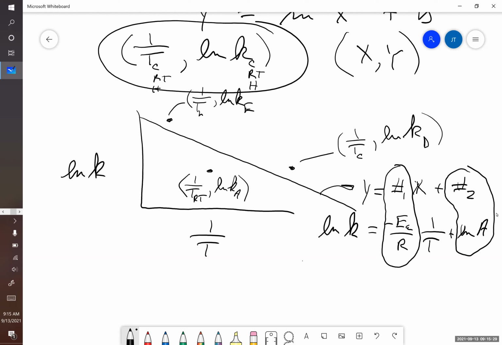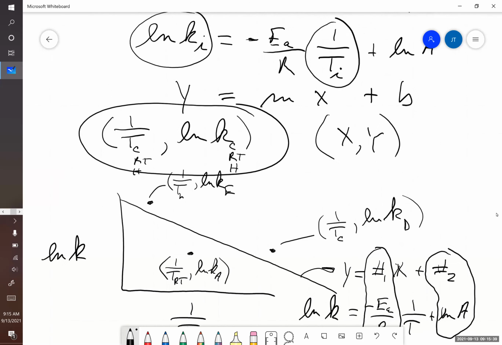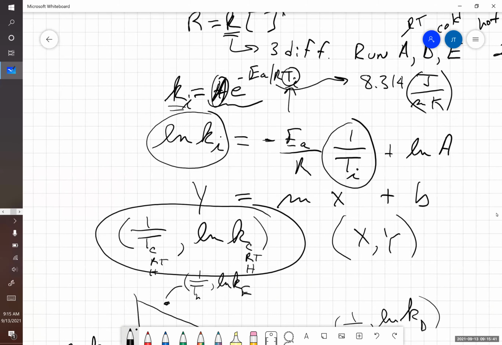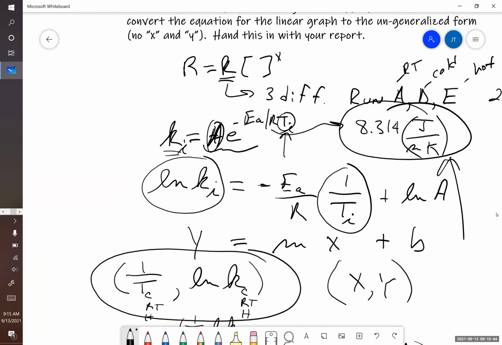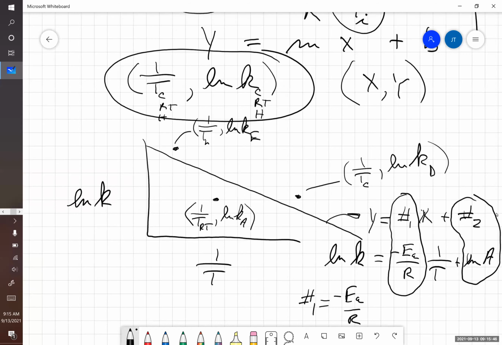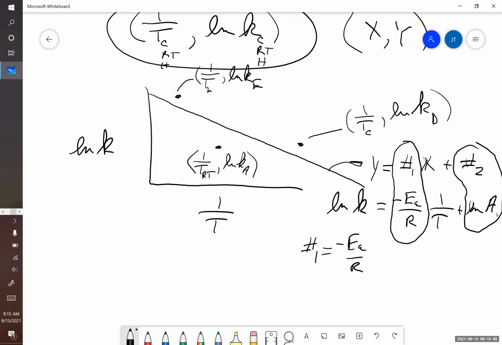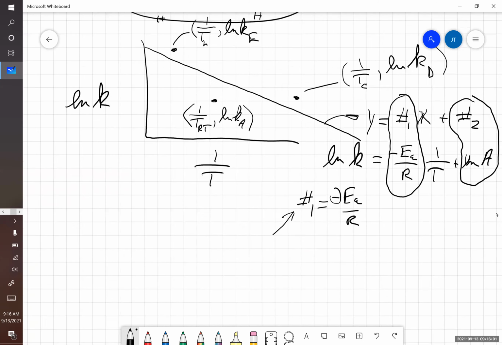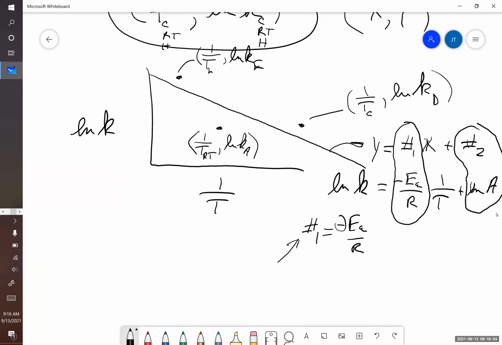But anyway, that number 1, which is negative, is going to equal minus EA over R. And I know what R is because you can look that up, and I gave you that value back here. And so this number 1 is negative, and the 2 negatives cancel out, and I get a positive EA. So make sure that you put everything in the appropriate units, and you get an EA in either joules or kilojoules.